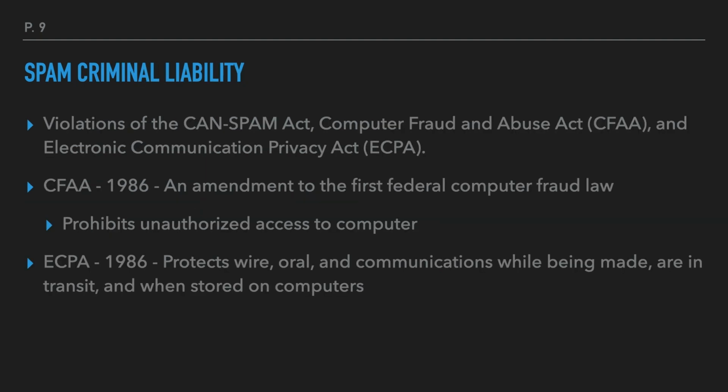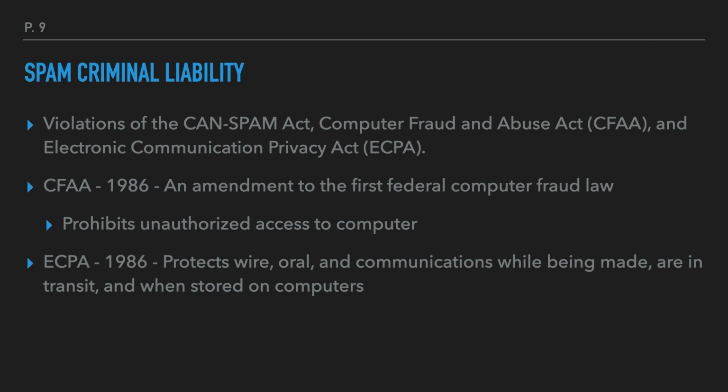Criminal liability is appropriate for the entities sending spam emails when they do not follow the CAN-SPAM Act, Computer Fraud and Abuse Act, and Electronic Communications Privacy Act. The CFAA, an amendment to the first federal computer fraud law, was enacted in 1986 to prohibit intentionally accessing a computer without authorization.